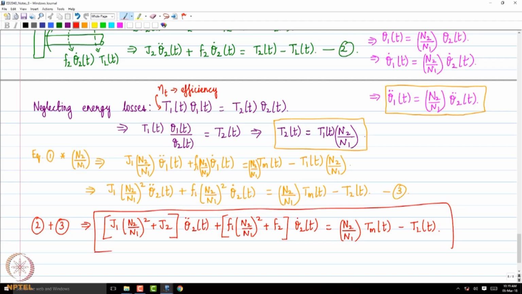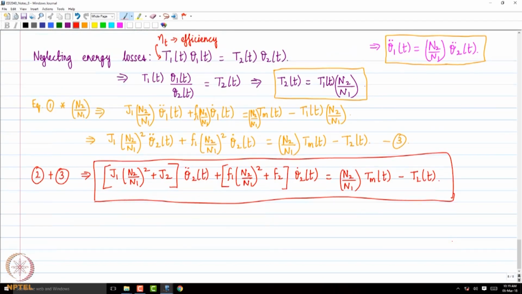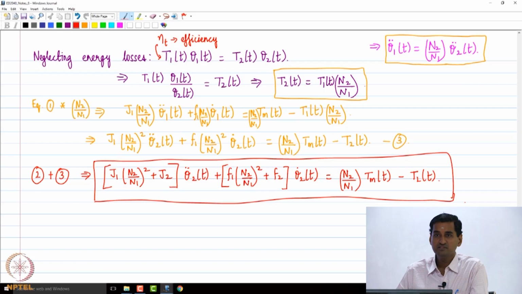So, this is the governing equation of motion for this gear transmission system.